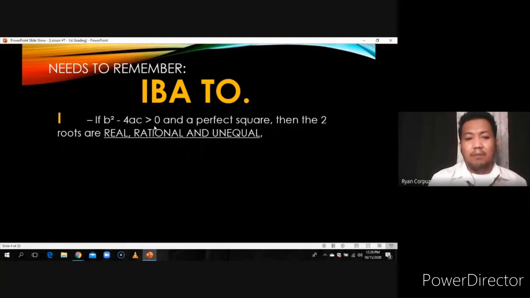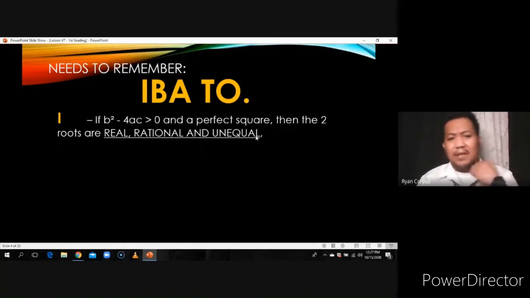So it says here, if your b squared minus 4ac, so we made use of this discriminant, that's b squared minus 4ac, and you come up with an answer which is greater than 0, you mean to say it's positive. If you got positive, and that positive number is a perfect square, then the two roots, we know that there are two roots of a given quadratic equation, are real, rational, and unequal.